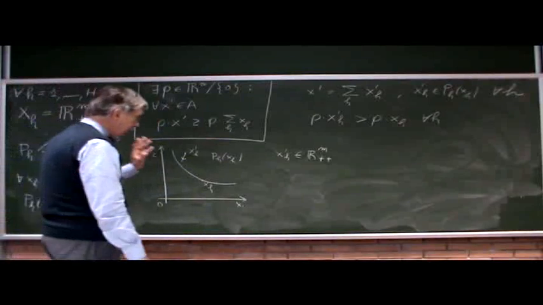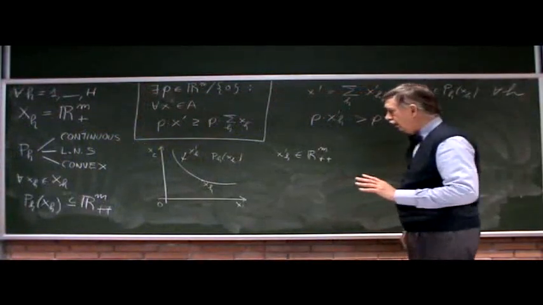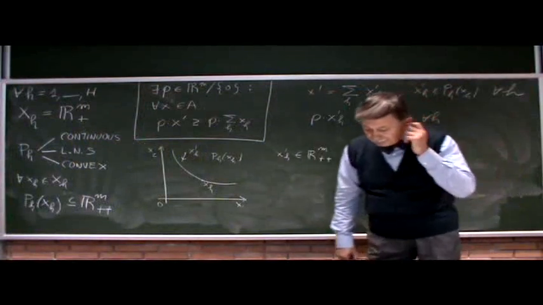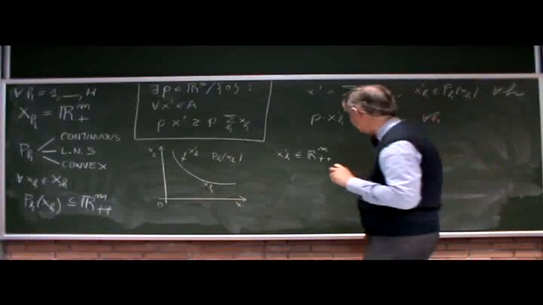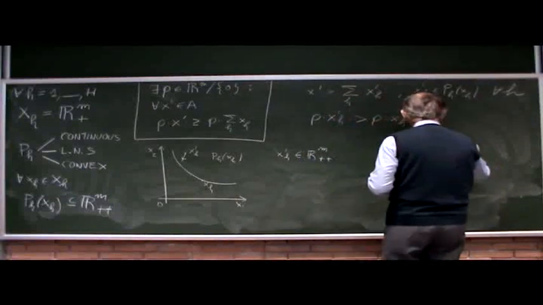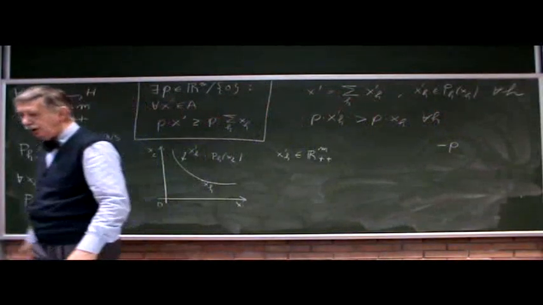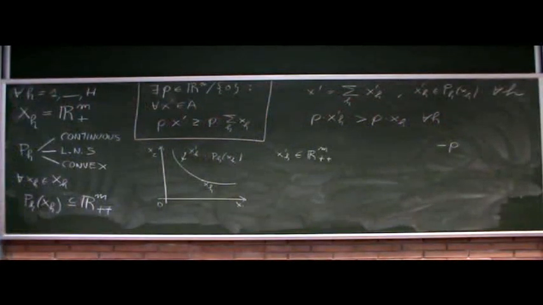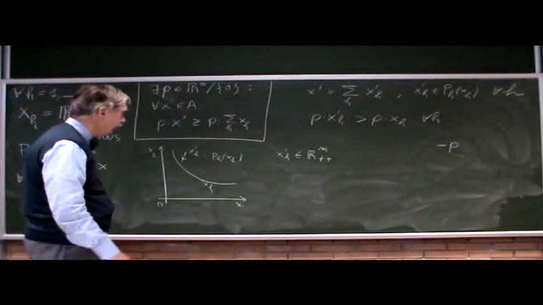In particular, suppose of moving in the direction minus p. Minus p. This is a vector. This is the vector of a price system, which has at least one non-null component.